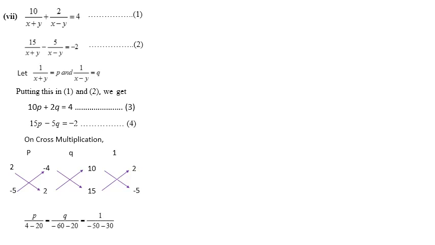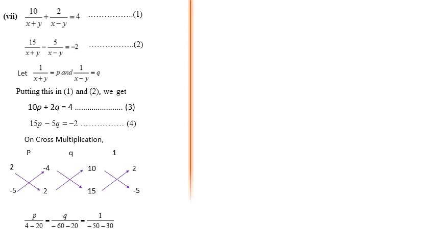Let us write this in equation format. p divided by 2 into 2, that is 4, minus 5 into minus 4, that is 20, so minus 20 here, equal to q divided by minus 4 into 15, that is minus 60, minus 2 into 10, that is 20, minus 20 here, equal to 1 divided by 10 into minus 5, that is minus 50, minus 15 into 2, that is 30.